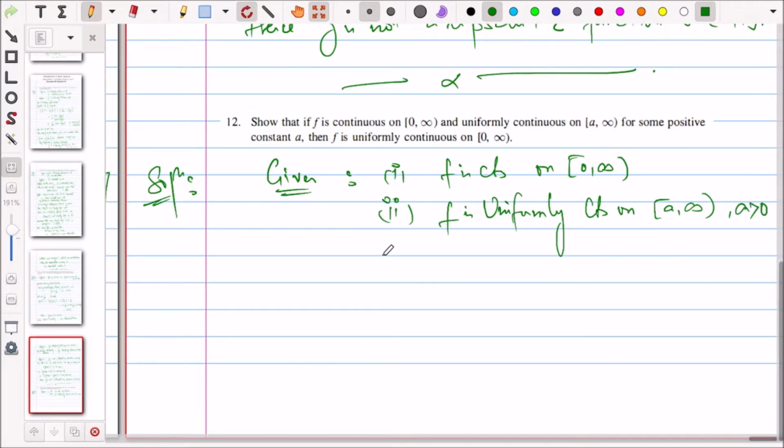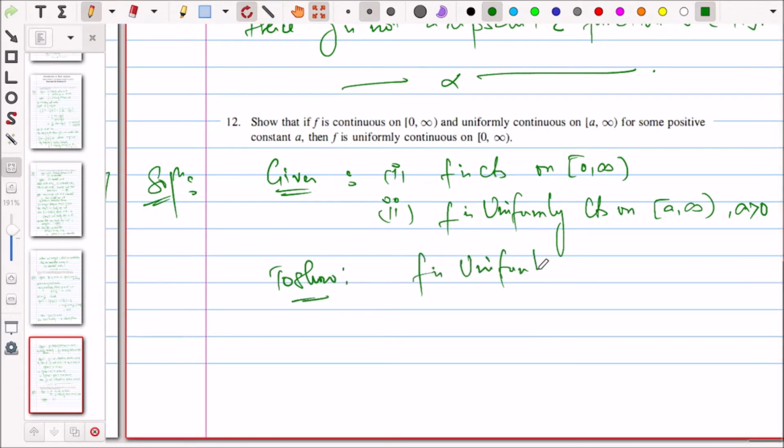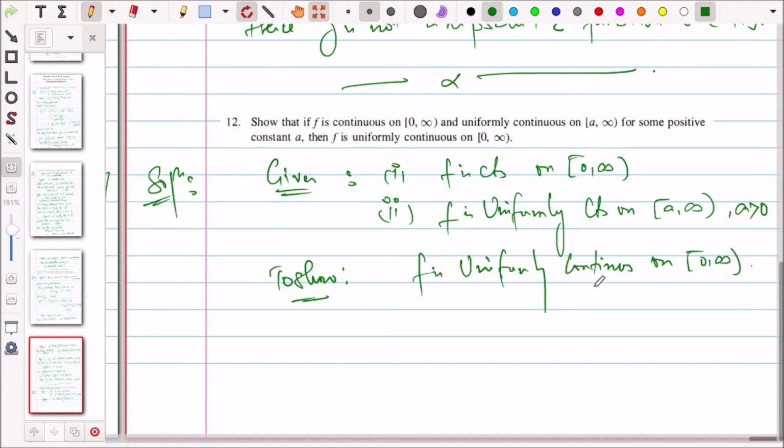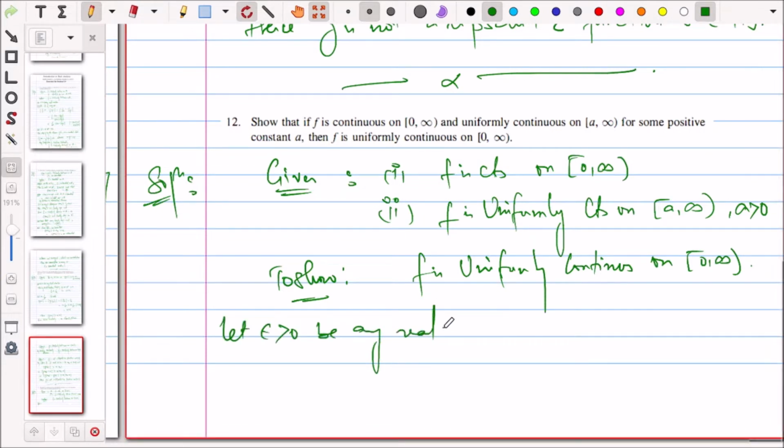And third, to show: f is uniformly continuous on [0, infinity). So for this, we will start with an arbitrary epsilon. So let epsilon greater than 0 be any real number.